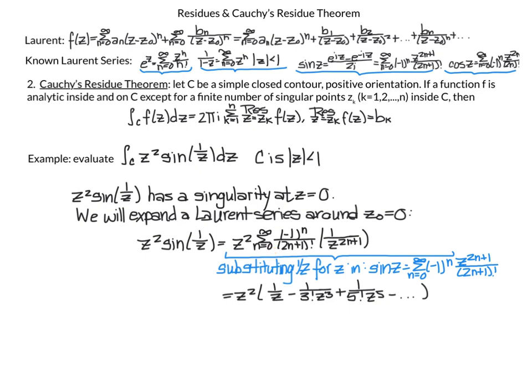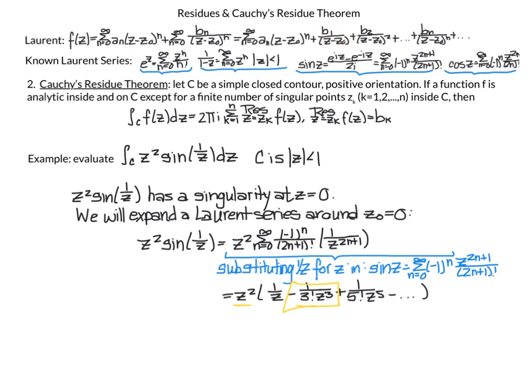Plugging in 2, we get a plus 1 over 5 factorial, and then z to the 5th, and then we'll get a minus. But I don't need to do any more, because what I see is that it is this z squared multiplied by this term here that will give me the z to the minus 1. Remember, we're looking for the coefficient b1, which is the coefficient of 1 over z minus z naught.